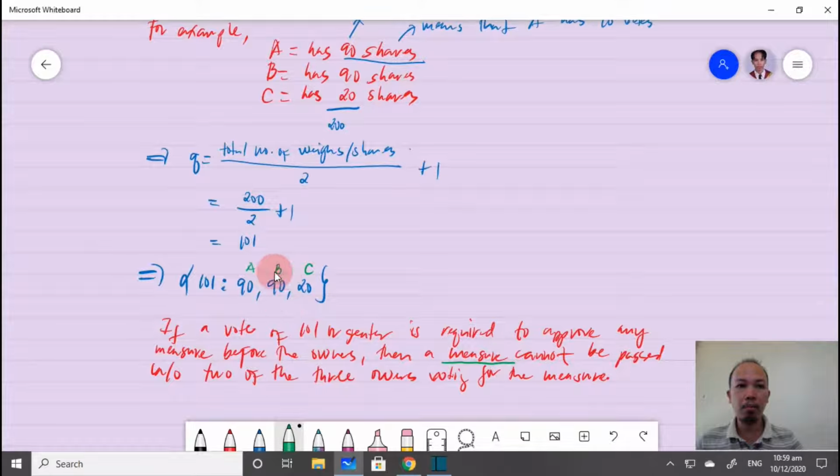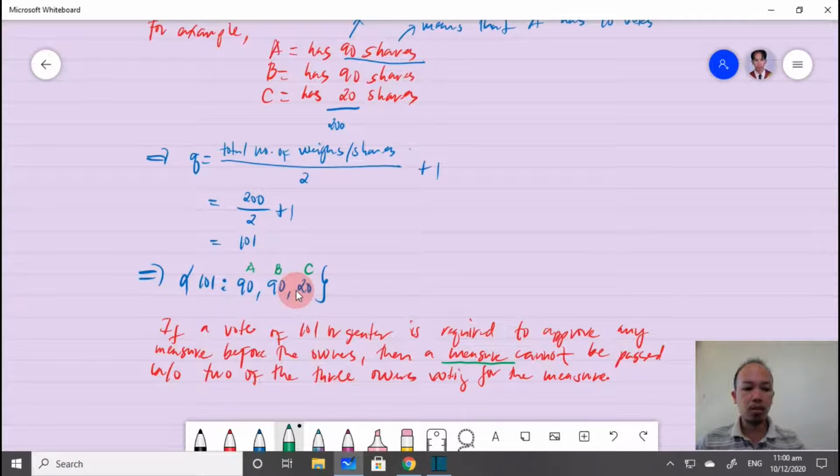Example, if A and B are present, then 90 plus 90, which is 180, is greater than 101. Or if B is absent, A and C are present, we have 90 plus 20, which is 110, also greater than 101. So in this kind of voting system, two must be present. If two are absent, then this voting system cannot pass any measure.